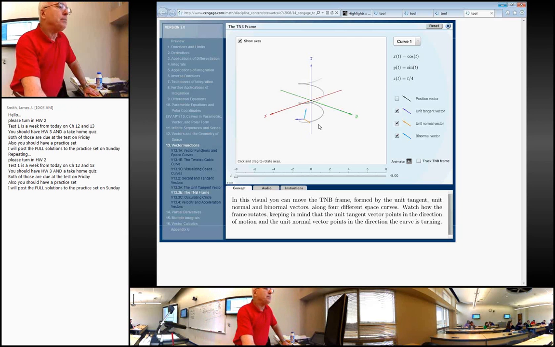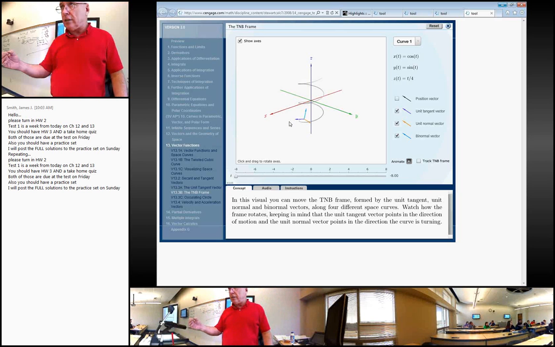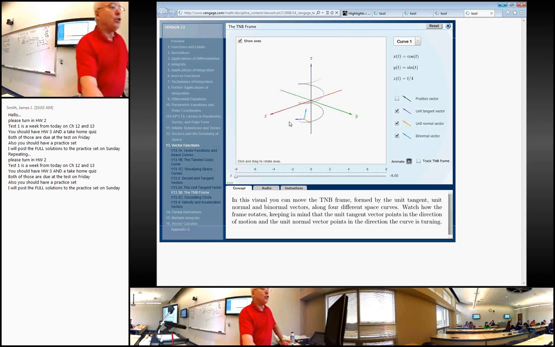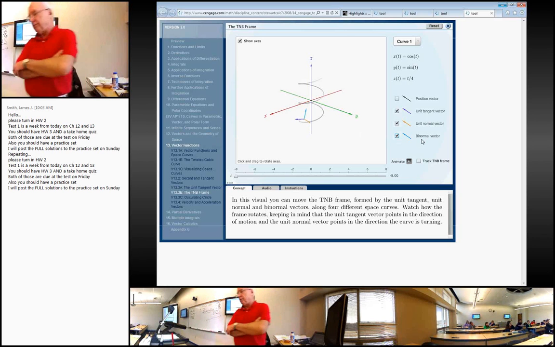The vector in purple is the vector that we have seen so far. It's the unit tangent vector, where it brushes the curve as it goes along. The yellow or orangish vector is the unit normal vector. In fact, it labels them right over here. The blue vector that pops up is the binormal vector.